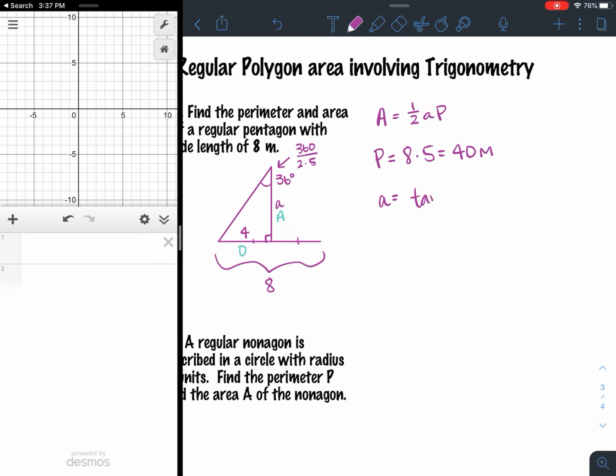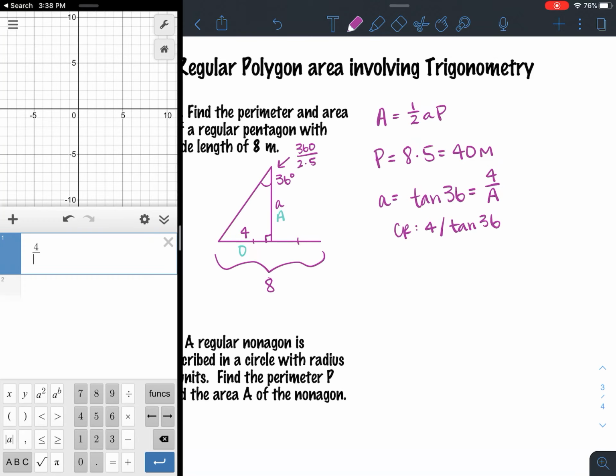So I've got the tangent of my 36-degree angle is equal to the opposite 4 over the adjacent, which is my apothem. And to get that calculator ready, I'm going to do 4 divided by the tangent of 36. So I'm going to come over here, 4 divided by tangent 36, and I end up with an apothem of about 5.5.